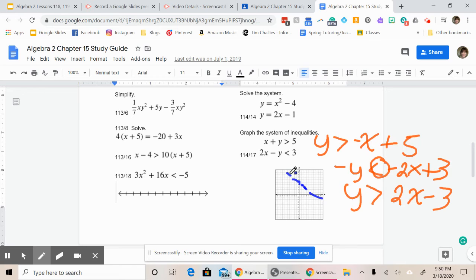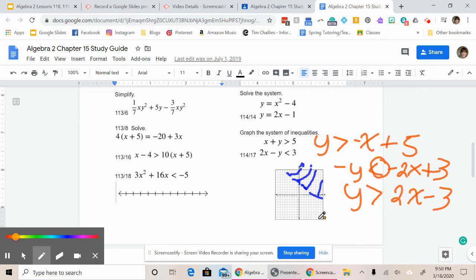And it says greater than, so I'm going to shade. Not doing too good on my shading. There we go. Above.